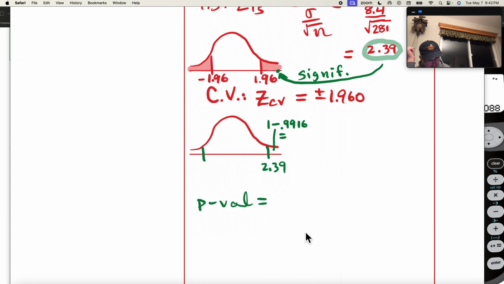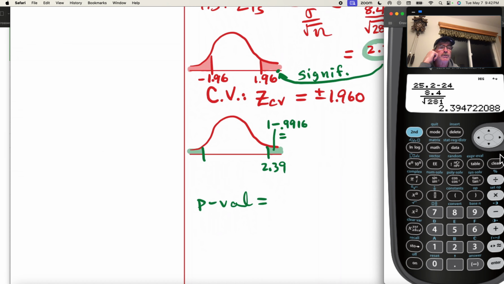And again, just keep in mind we're counting both tails on this two-tailed test. So this is going to give us one of the tails. Let's double check on what this comes out to be. 1 minus 0.9916 is 0.0084.